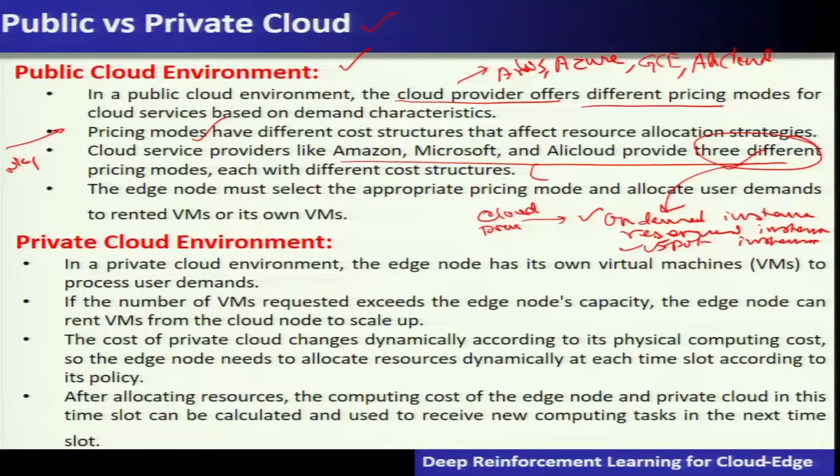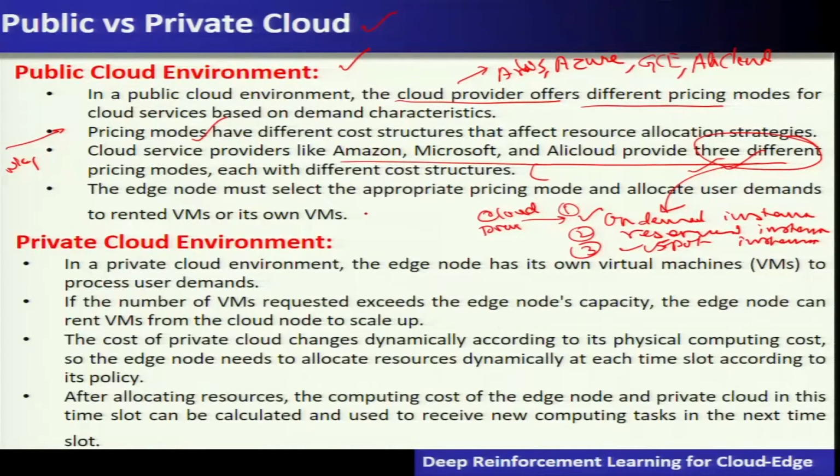These are called on demand and spot instances, and they have different pricing modes. The third pricing mode is called reserved instances. With reserved instances, whether you use them or not, these cloud instances, in the form of virtual machines or cloud resources, are already put in place or reserved. So it has a different pricing model. Here we consider three different pricing modes which are common across most of these cloud providers.